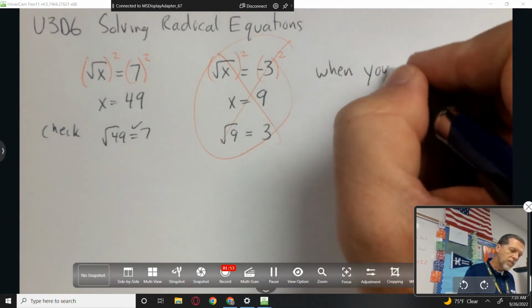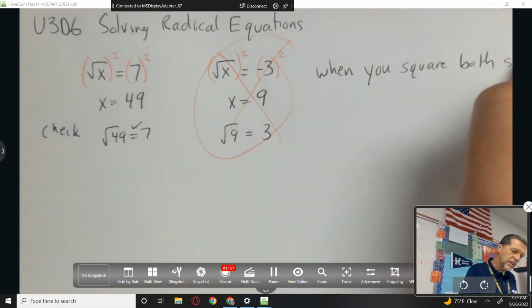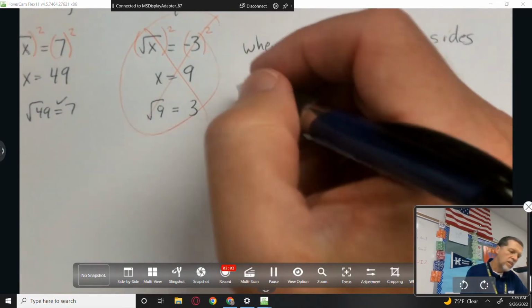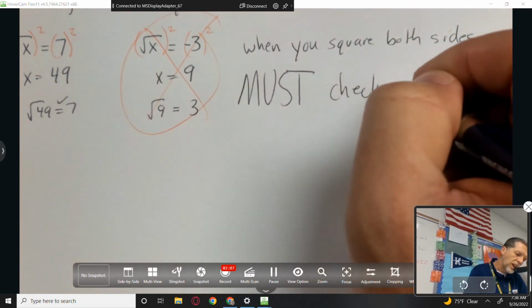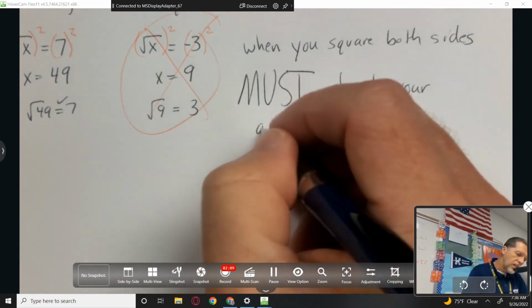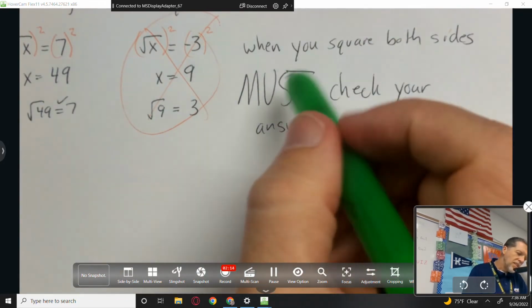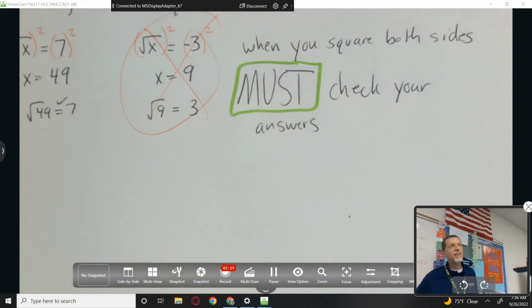So something's going on here, and the short explanation is when you square both sides, you must check your answers. Must, not like you should, as a good student would, or because you want to make 100 on the test.